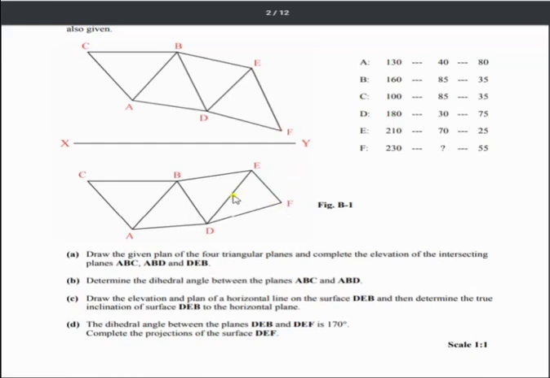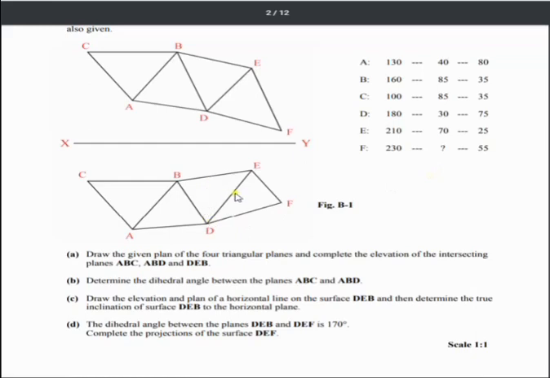Imagine if we did have the height for F, how would we find the dihedral angle? We'd look 90 degrees to the line of intersection, see it as a true length, and then see it as a point view in our next auxiliary. So that's what we do in this question.